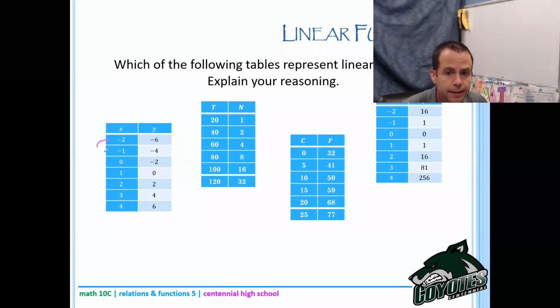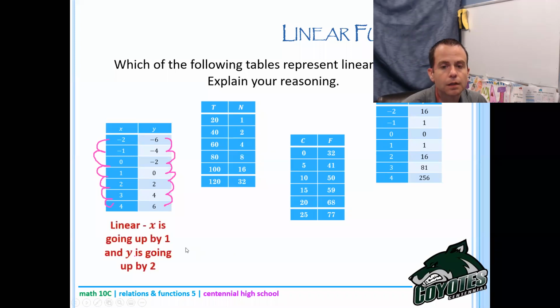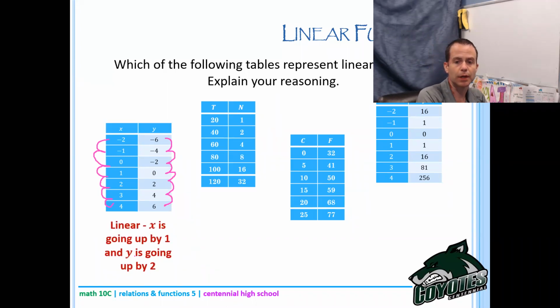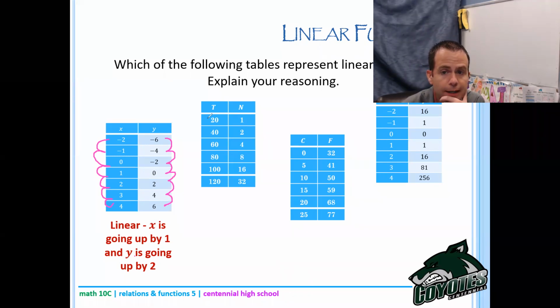Well, my x's here are going up by 1, so that's cool. My y's are going up by 2, 2, 2, 2, 2, 2. So there is a constant rate of change here. So it's linear. X is going up by 1 and y is going up by 2. Okay. The next guy, I'm going to look at my x's first.